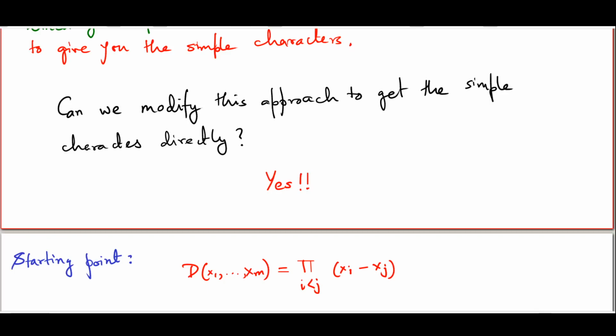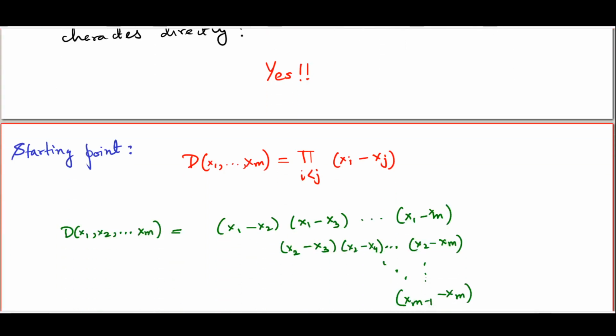And that is why we are going to talk about a very simple and trivial generalization of that particular Jacobian, d of x1, x2 up to xm, which is the product of xi minus xj for i less than j, with i running from 1 to m minus 1 and j of course running from 2 to m, with the expanded form given here.